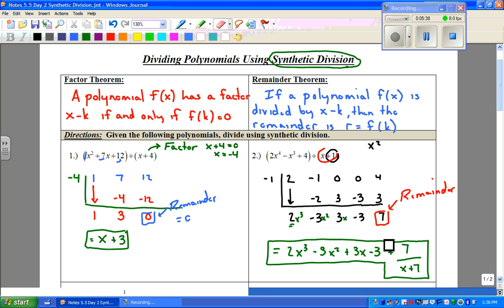Okay? So this is your whole answer right here. And I apologize, this was not an x plus 7. You put it over this right here. Okay, so you put it over that right there. So it was over x plus 1. Okay, so that's how we use synthetic division.